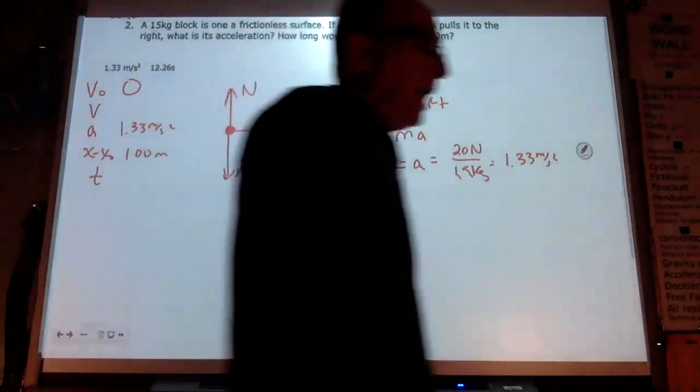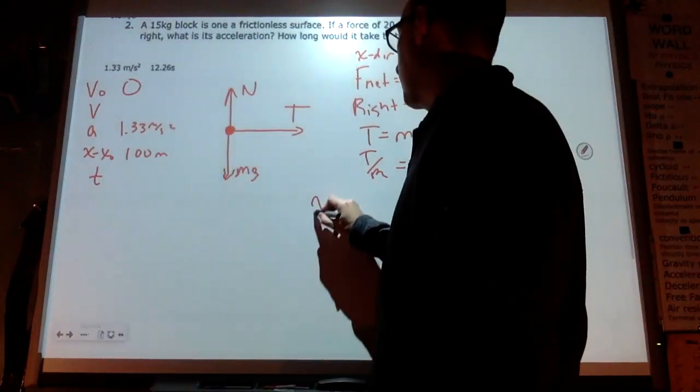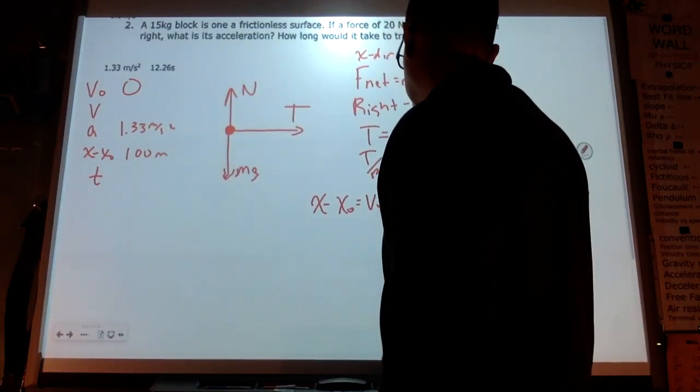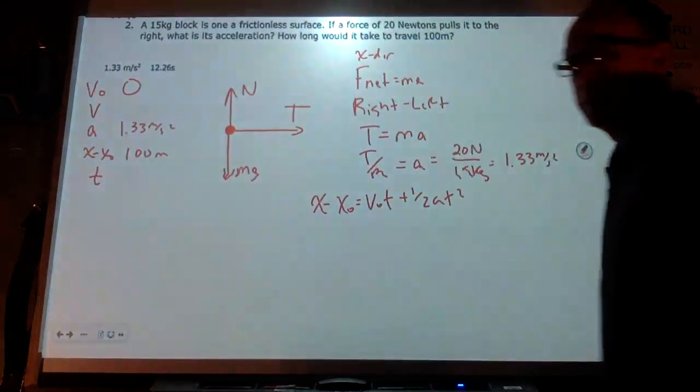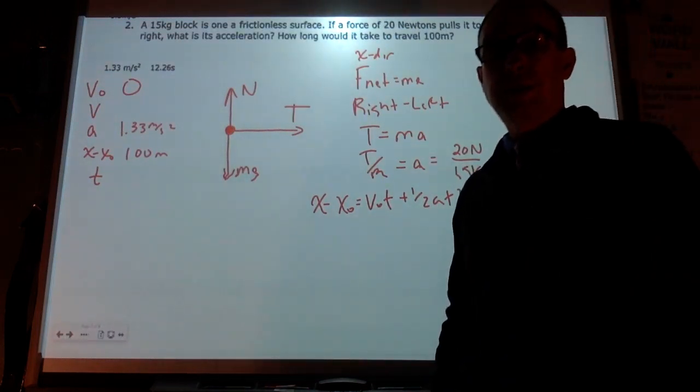So looking at what I have and what I don't have, it seems obvious to me that I should use our first kinematics equation. And so this would be x minus x naught equals v naught t plus 1/2 a t squared. And then I'm going to solve for t.